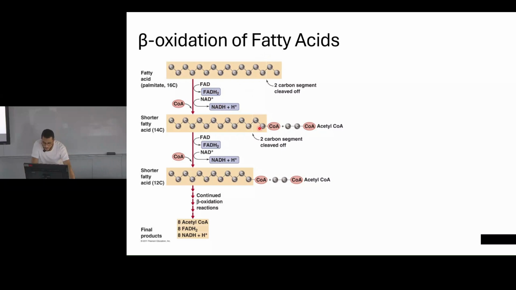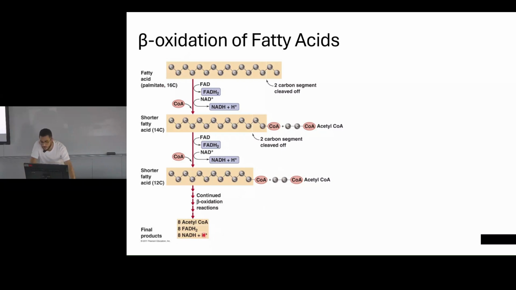And then you can do this many times. So for a 16 carbon molecule, if you undergo full beta oxidation, you'll produce 8 acetyl-CoA molecules, 8 FADH2, and then 8 NADH. Okay, simple. What else?